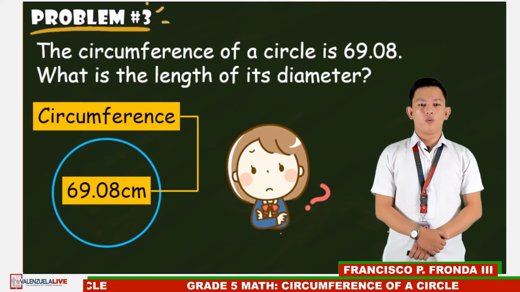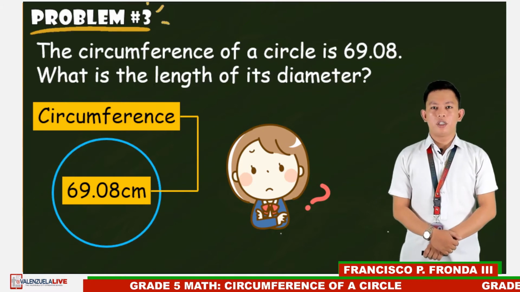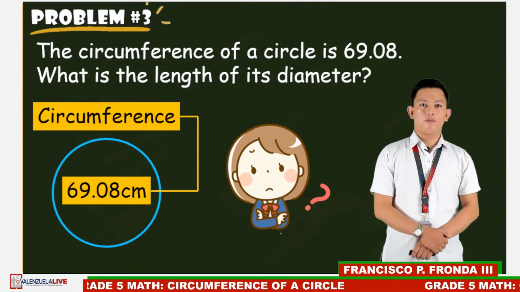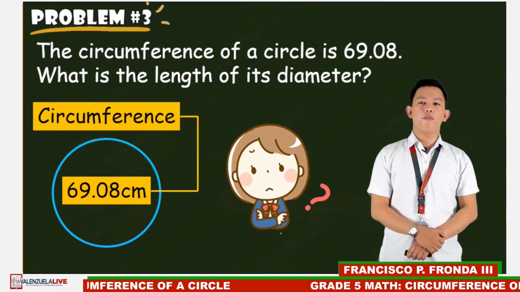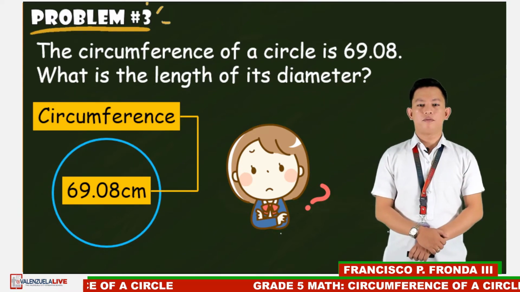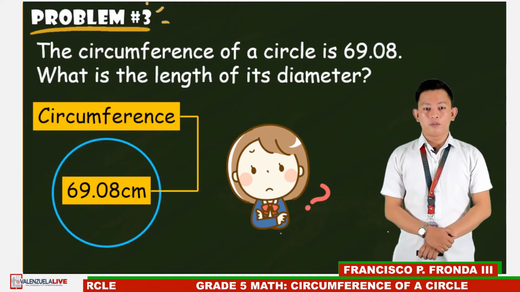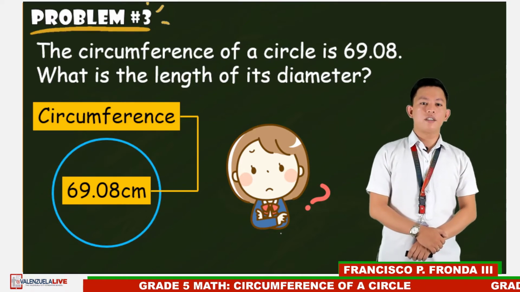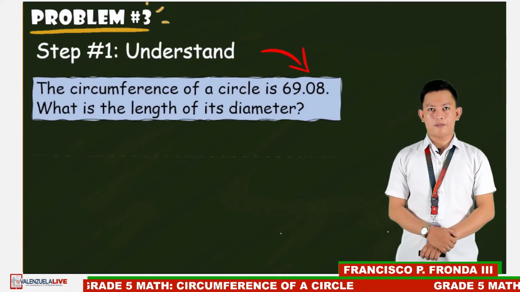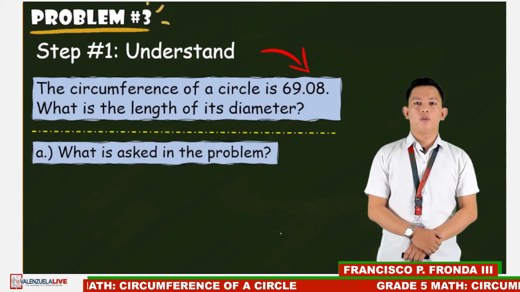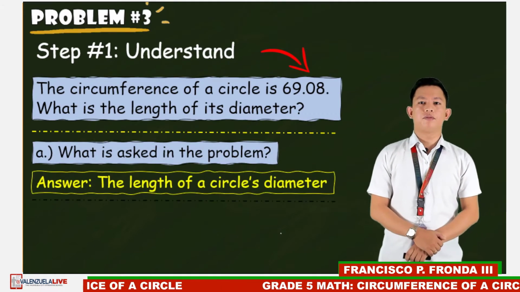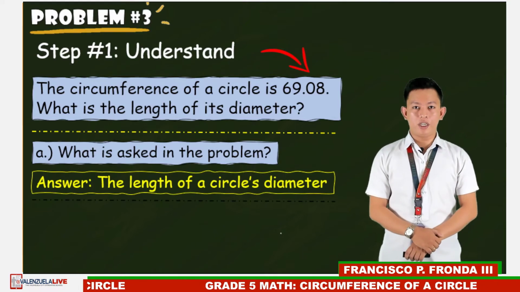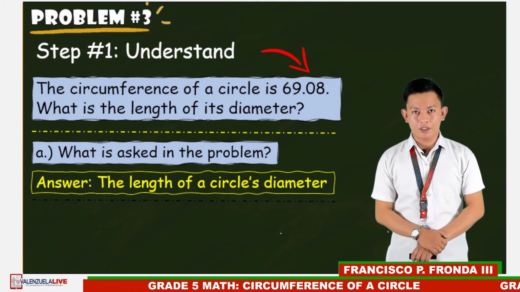Now, what do you notice in the given? We already have the circumference of the circle. Now, let's understand this problem first. What is asked in the problem, grade 5 learners? The length of the circle's diameter.